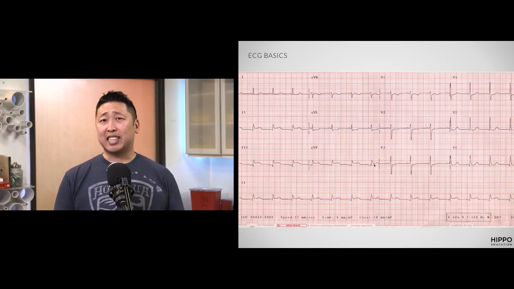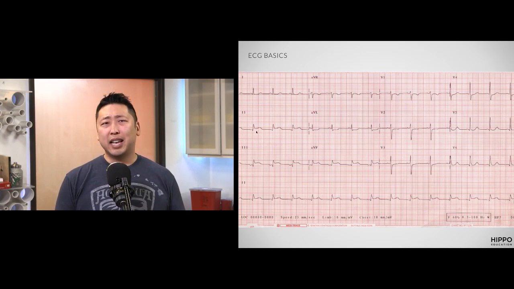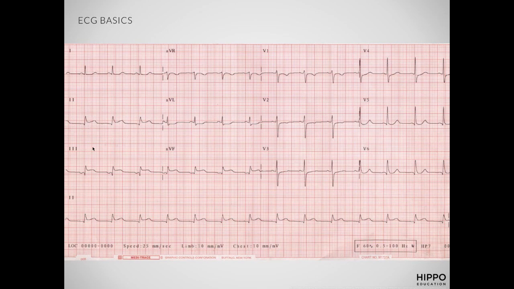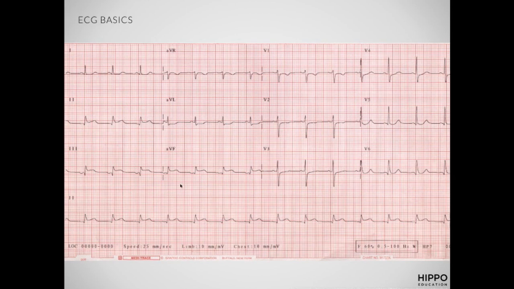Now, in this example, take a look and you can see some ST elevation in 2, 3, and AVF. Okay, and then you see maybe borderline ST depression in 1 and AVL. So this is an inferior ST elevation with possible reciprocal changes starting to show up in the lateral leads, especially in AVL.